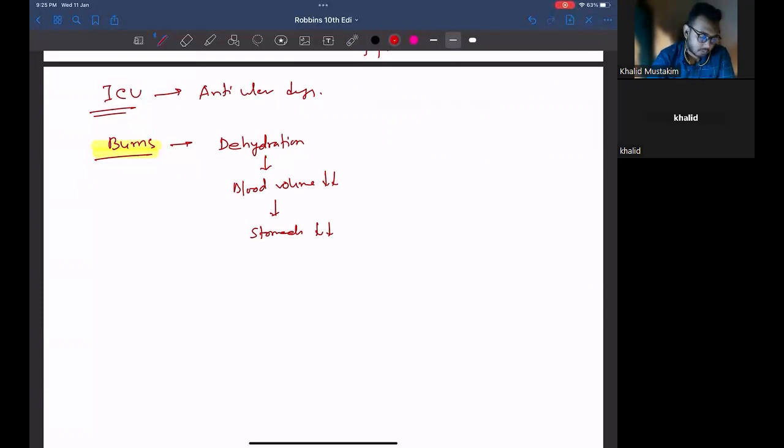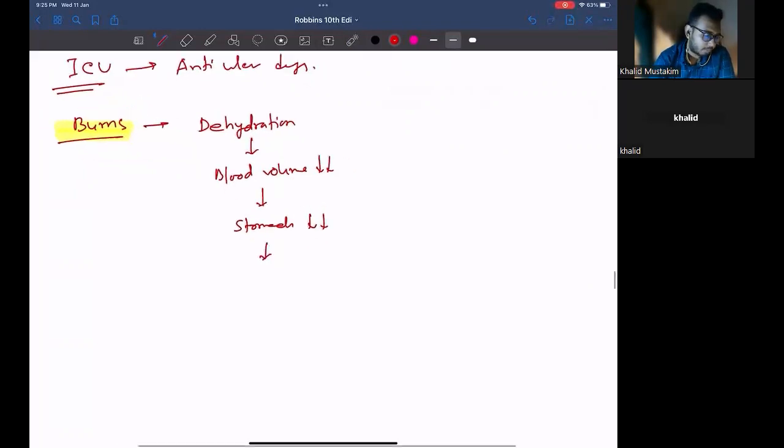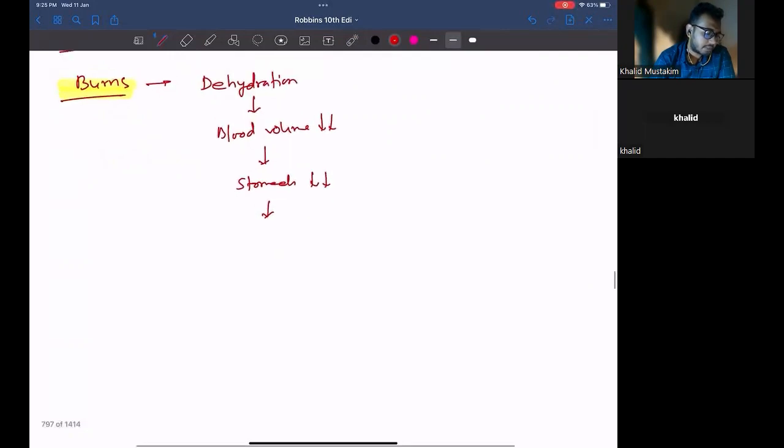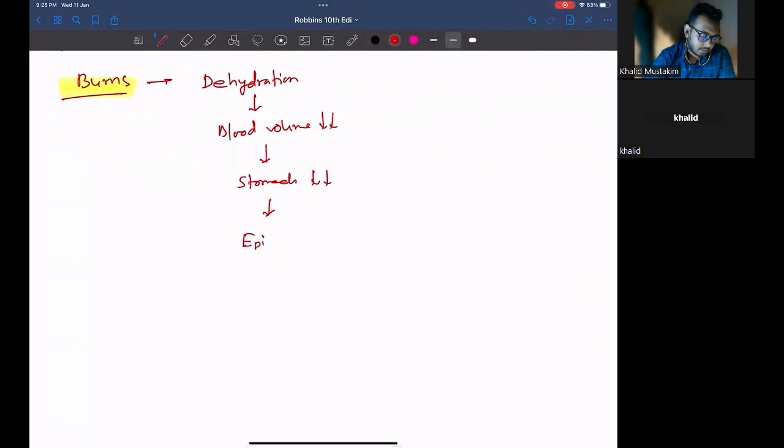Okay, if the stomach is not getting proper blood supply, then what happens? The epithelial regenerative capacity also decreases. And the bicarbonate ion also decreases.